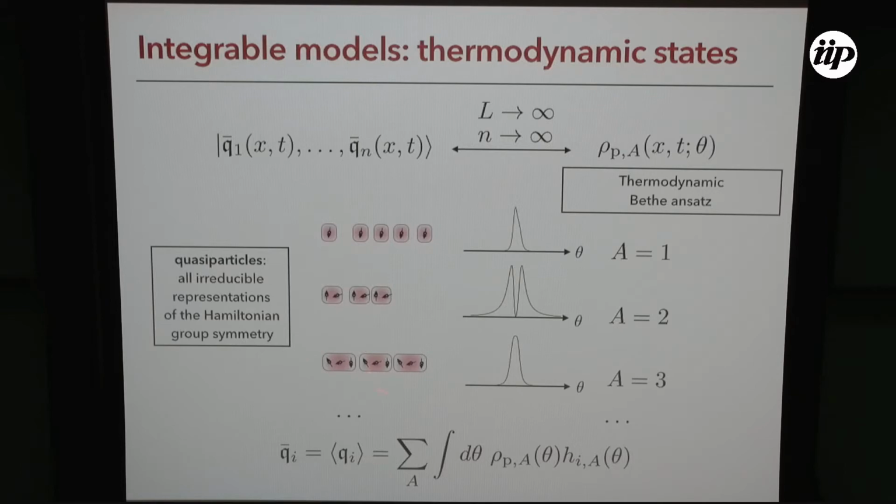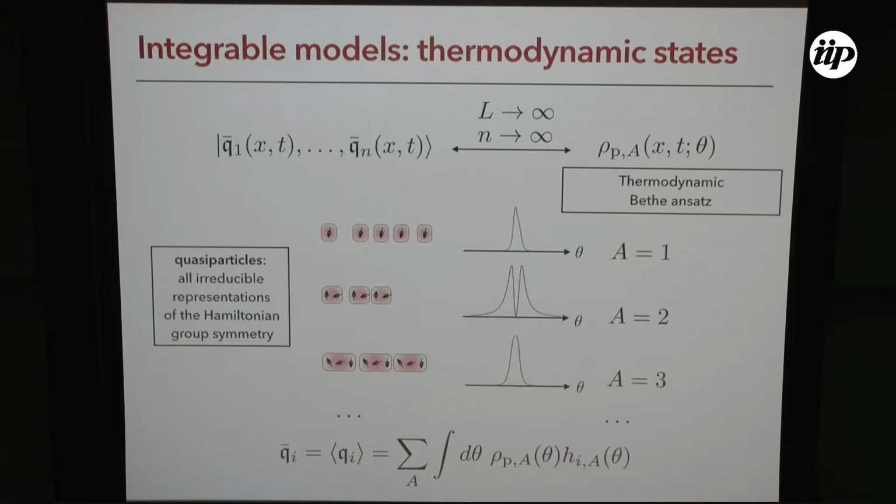And if you wonder how many quasi-particle types I have, you just have to look at your Hamiltonian and take the symmetry group, and then for each irreducible representation you have a quasi-particle type, really like in the standard model. For example, if you have the SU(2) Heisenberg chain, you will have a quasi-particle type for any irreducible representation of SU(2), so you have an infinite number of quasi-particle types.